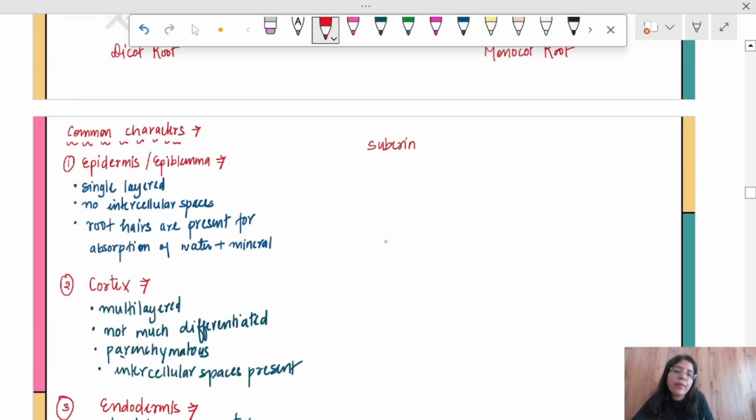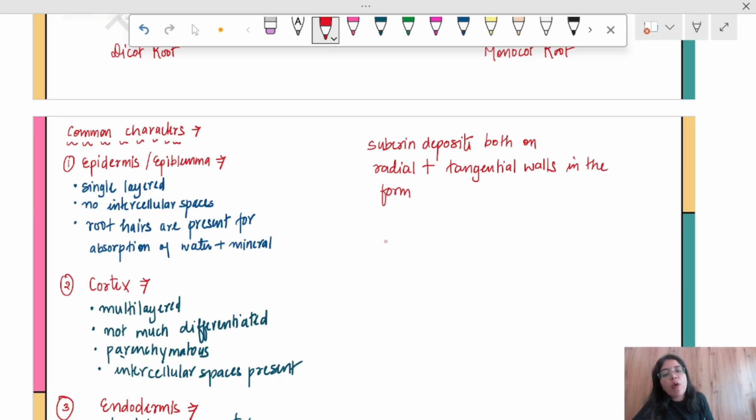Suberin deposits both on radial as well as tangential walls in the form of strips.